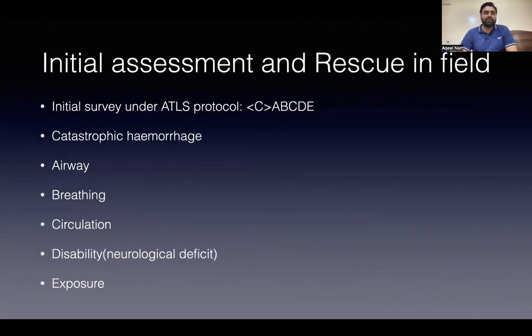If you have a major vessel bleed, first you have to stop that. You have to press that. You have to hold that. Then you go for airway, breathing, circulation, disability, which is neurological deficit, and then E for exposure.